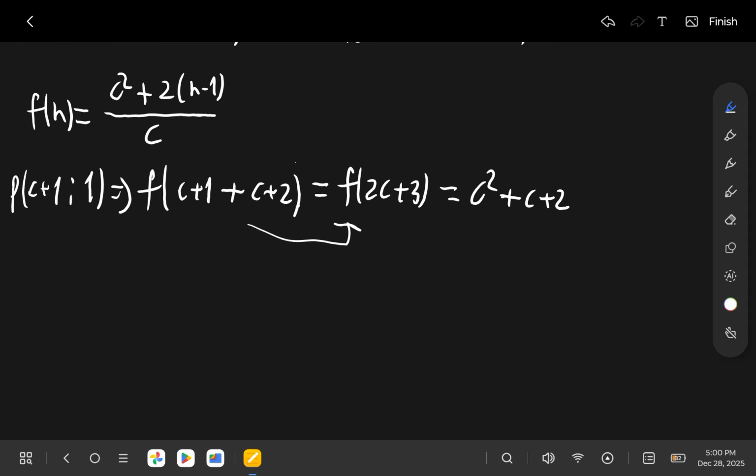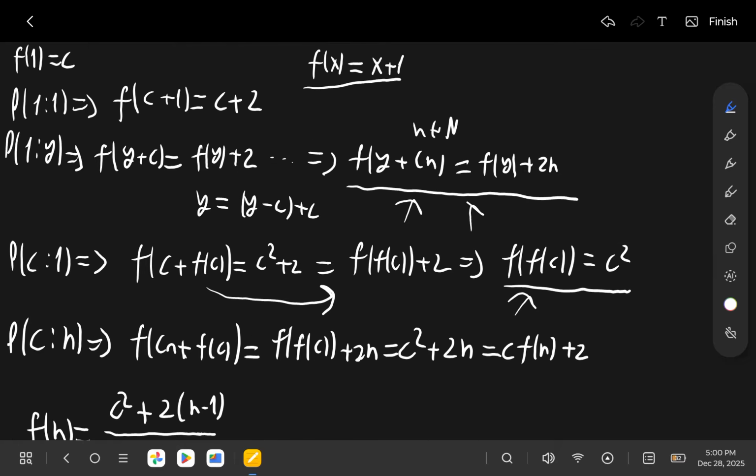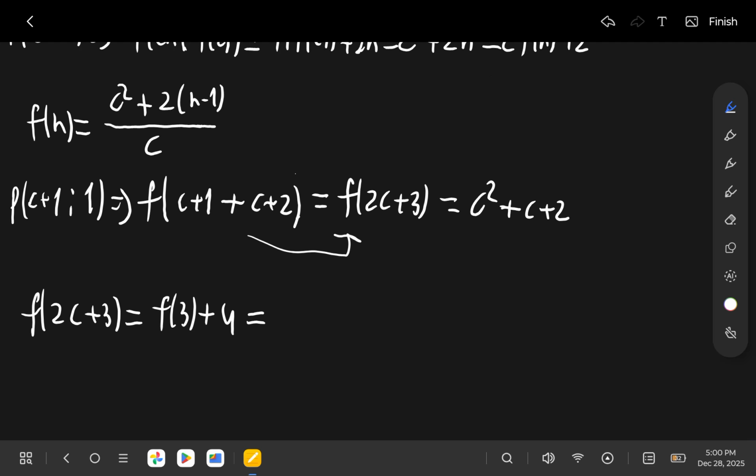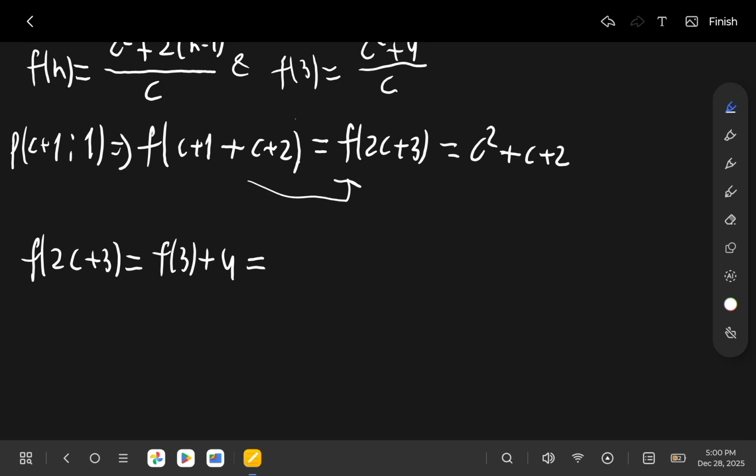And also we know that f(2c + 3) equals f(3) + 4, and we know that f(3) equals (c squared + 4) divided by c. So we get that this equals (c squared + 4) divided by c, plus 4, which is equal to c squared + c + 2.